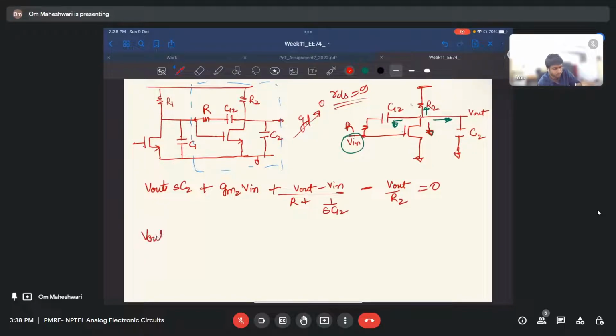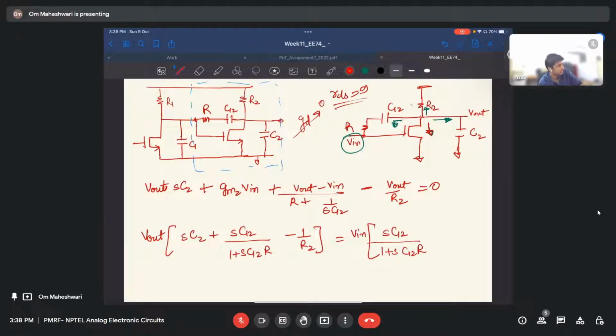If I separate all the V out terms: V out times (SC2 plus SC12 by 1 plus SC12R minus 1 by R2) equals V in times (SC12 divided by 1 plus SC12R minus GM2).